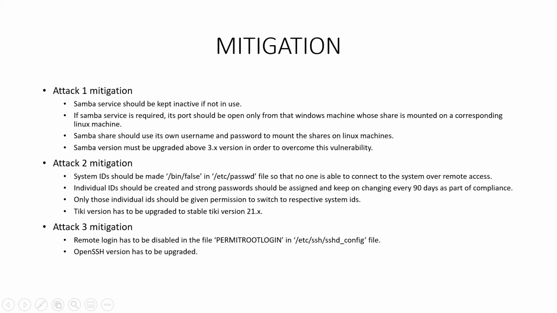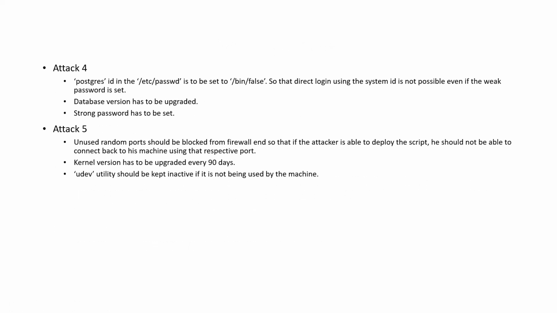The third attack, where we used the SSH vulnerability. The root user should be disabled in the SSHD config file, and the OpenSSH version should be upgraded to a stable version.